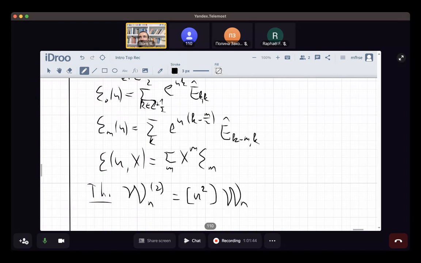And now, to obtain the closed formula for curly W's, you should take, instead of one of these U, instead of U_1, say, U tilde, which will appear. I haven't yet started.